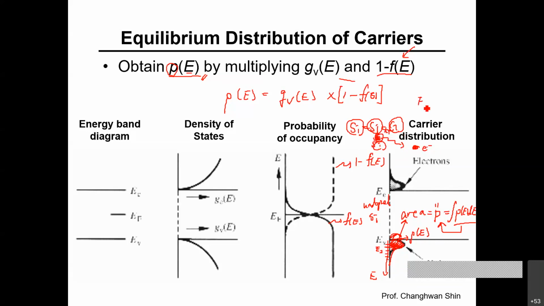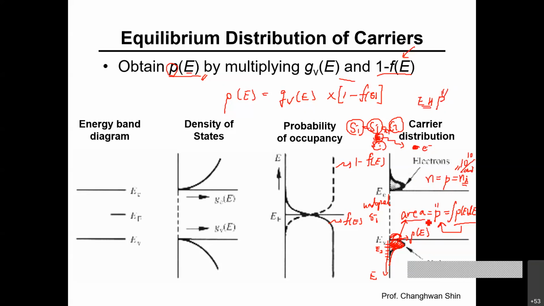So electrons and holes are created in pairs, right? So the number of electrons is equal to the number of holes, the intrinsic carrier concentration, which was 10 to the 10 per cubic centimeter for silicon crystal material.